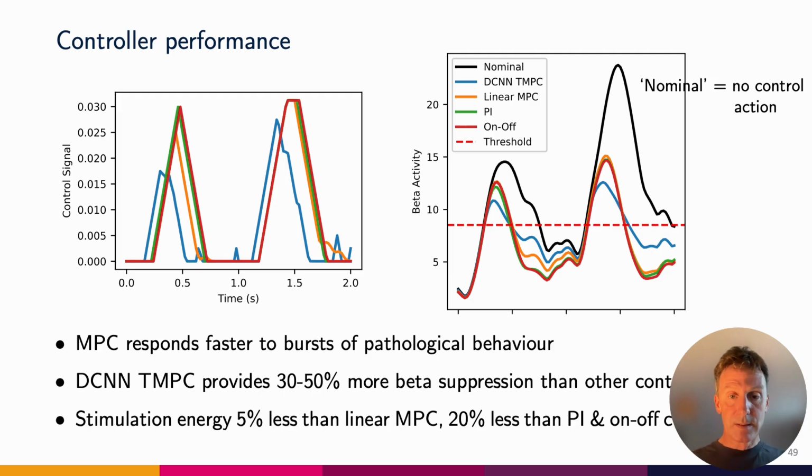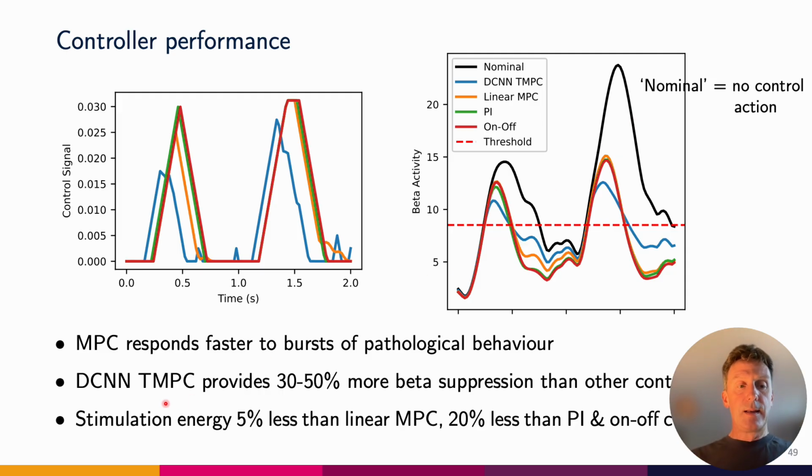This slide illustrates closed-loop control performance. We're comparing here the DC-NN tube MPC with a linear MPC strategy, and also with PI control and an on-off switching strategy. The black line shows the nominal response when no control is applied.